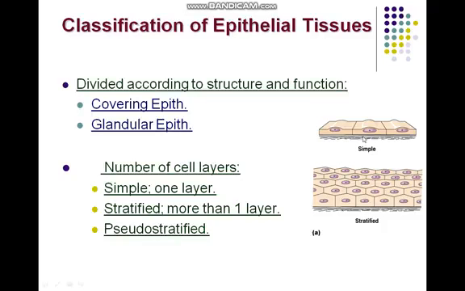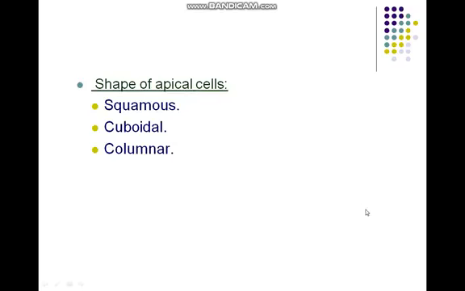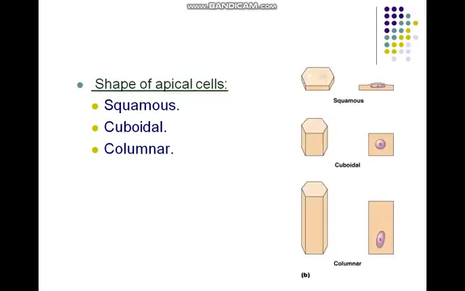A simple epithelium, as we've seen, is made of one row of cells that rest on a basal lamina, while the stratified epithelium is made of more than one row of cells. Only the basal row rests on the basal lamina. The classification of epithelium depends on the shape of the cells in the apical row. If it's flattened, it's called squamous.